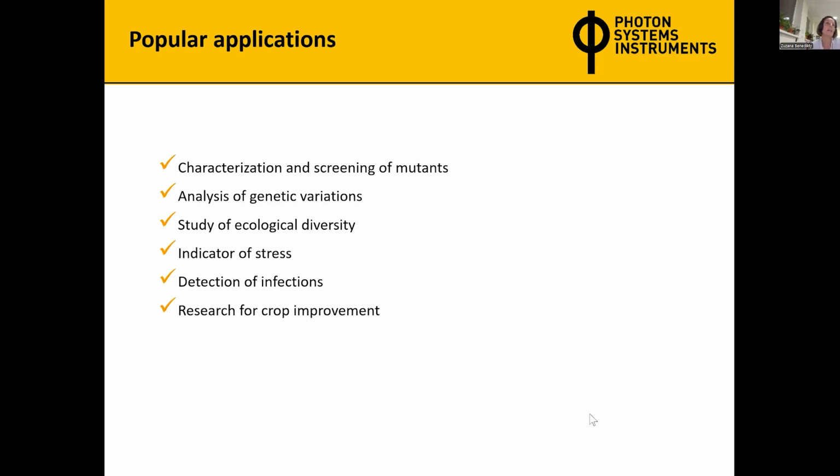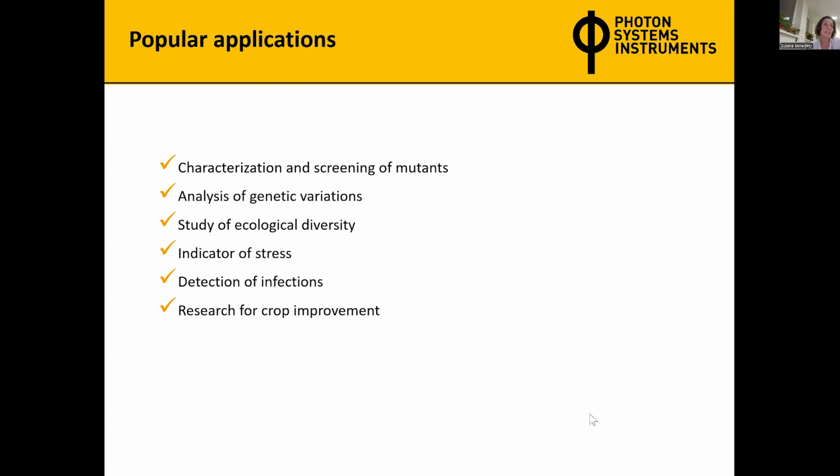Very popular applications of chlorophyll fluorescence nowadays include screening of mutants and analysis of different genetic variations from naturally occurring variants in nature. Of course, studying ecological diversity, it's a very good indicator of stress.